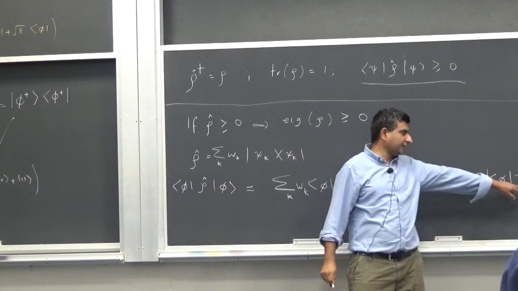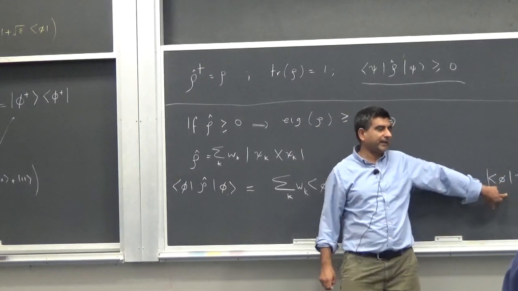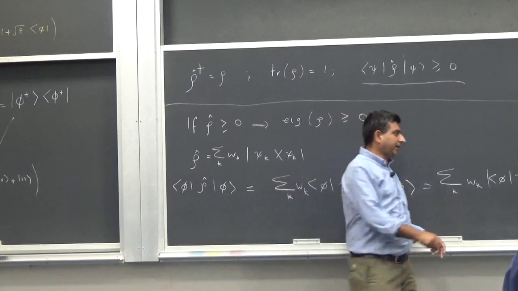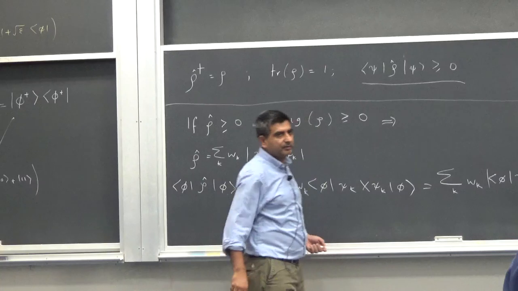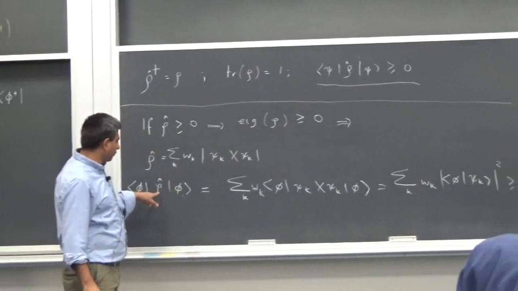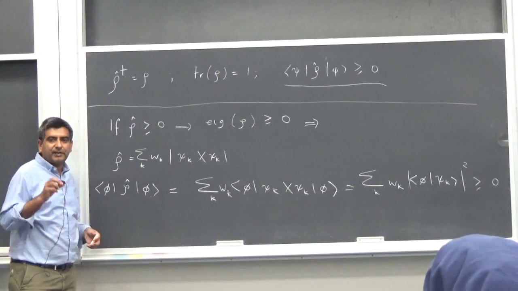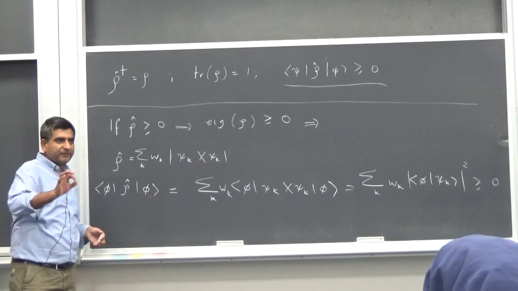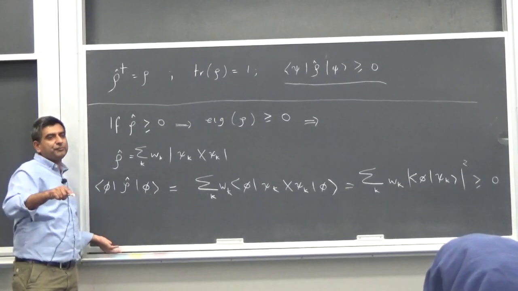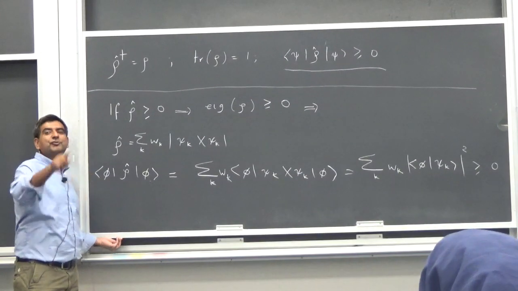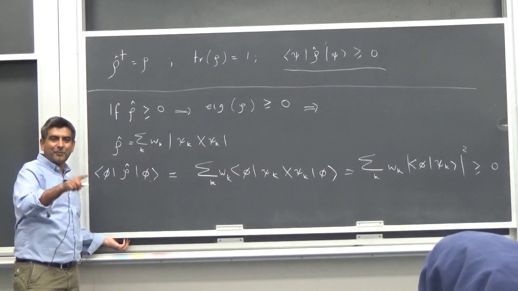Now is this always a non-negative number? Yes, and so is this. Therefore, this is always going to be a non-negative number. This is why rho is a positive operator, or a positive semi-definite operator. Now this also means its eigenvalues are not only real, they are also positive. Why?